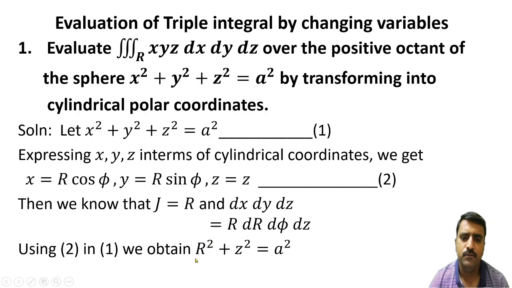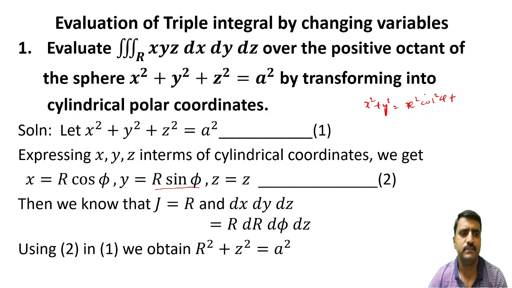Now here you see, if you consider x square plus y square, x square means r square cos square phi, plus y square means r square sin square phi, which is equal to r square into cos square phi plus sin square phi.